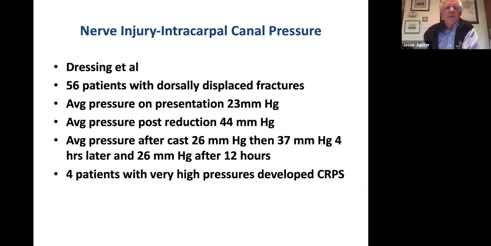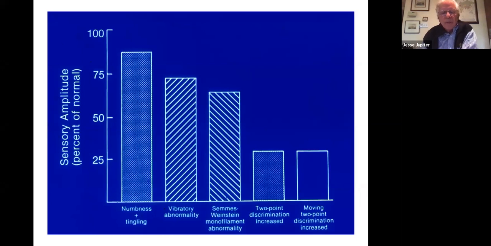And people have looked at that, looking at patients who had pressure monitoring after a reduction of their fracture. Those patients who had high pressures tended to not do as well. One thing to do is check the sensory, either light touch or vibratory test.